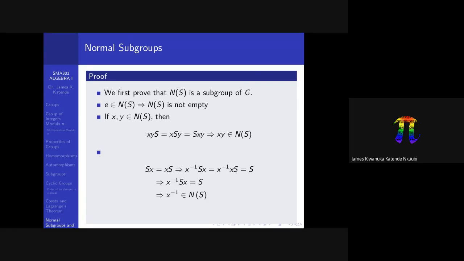So this proves that the normalizer of any subset will be a subgroup. I've not done any concrete examples of this, but maybe next time we'll give some. What's important now is to understand that the normalizer of S is a subgroup of G.